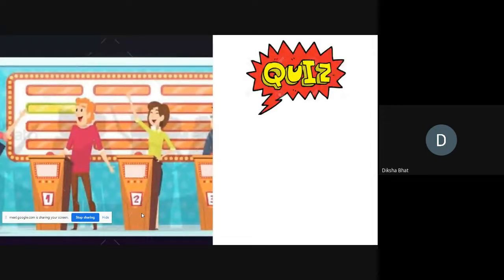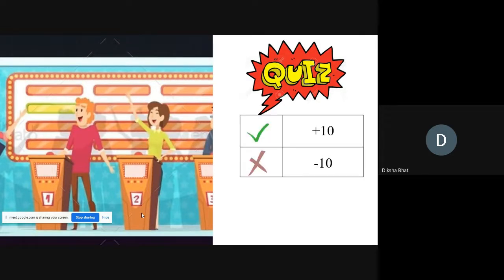In a quiz, plus 10 marks is allotted for a right answer and negative 10 marks is allotted for a wrong answer. Suppose a participant gives a wrong answer. What will be his score? Negative 10.